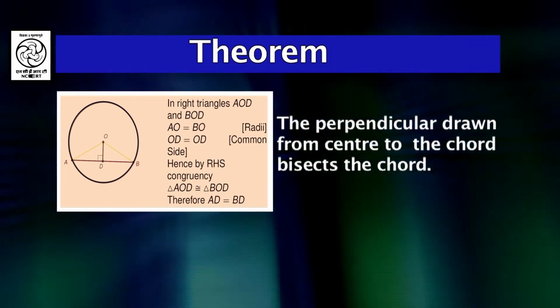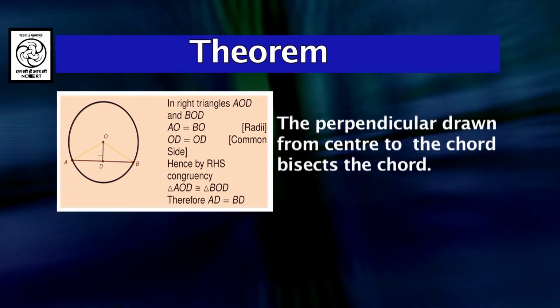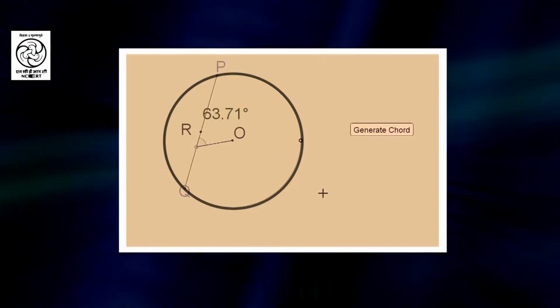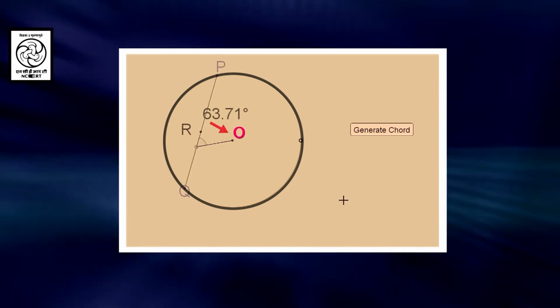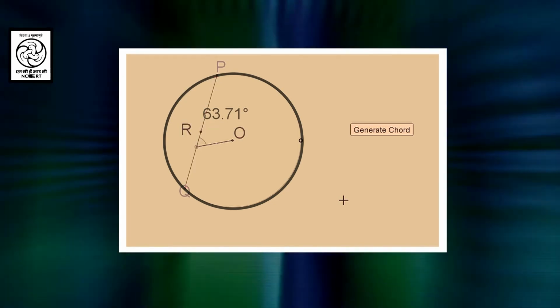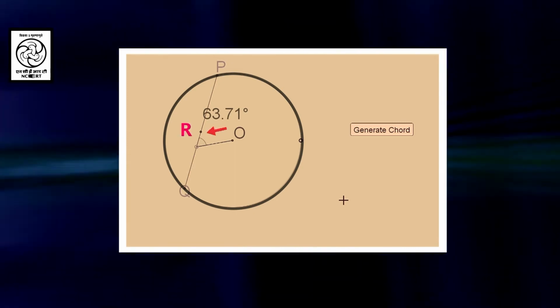Now, what about the converse of this theorem? Does the line joining the midpoint of chord to the center is perpendicular to the chord? Let us verify. So, in this circle, PQ is a chord of the circle, O is the center and R is the midpoint of the chord.